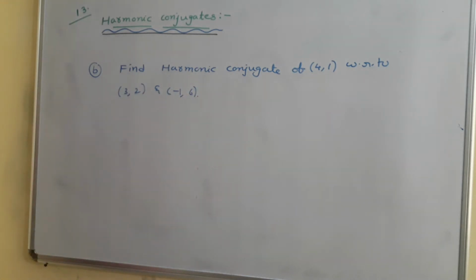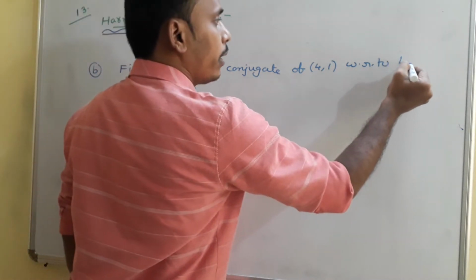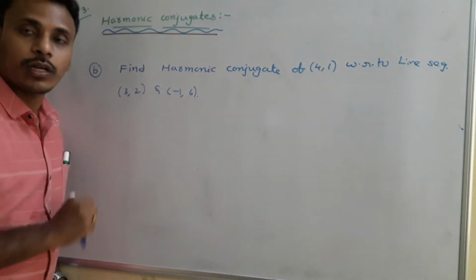We need to find the harmonic conjugate of the point (4, 1) with respect to the line segment joining (3, 2) and (-1, 6).